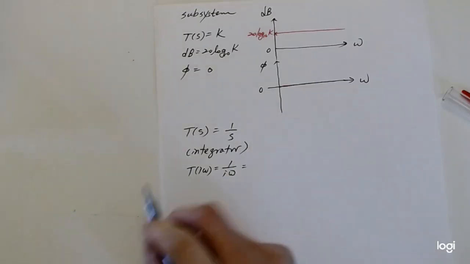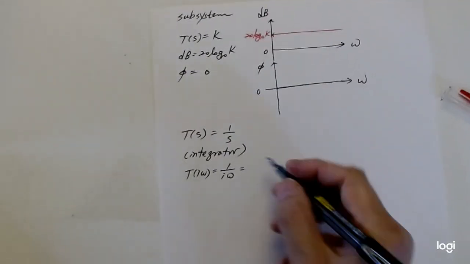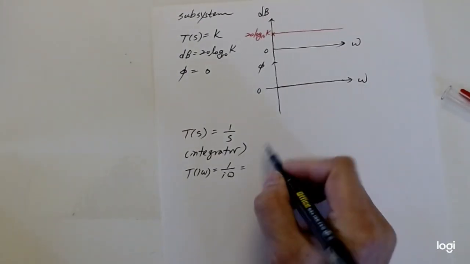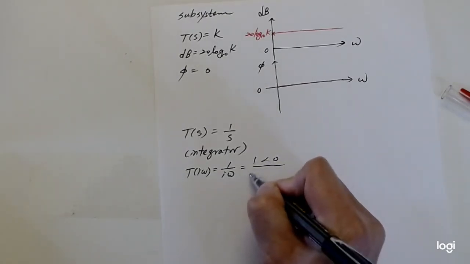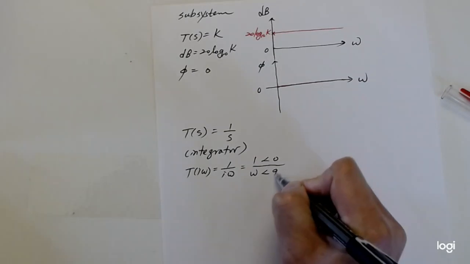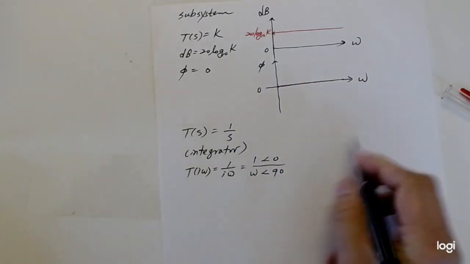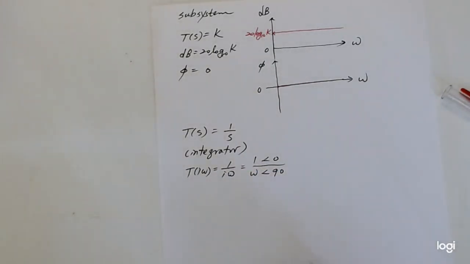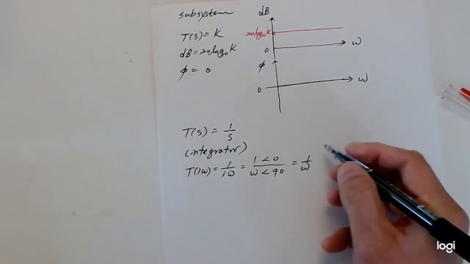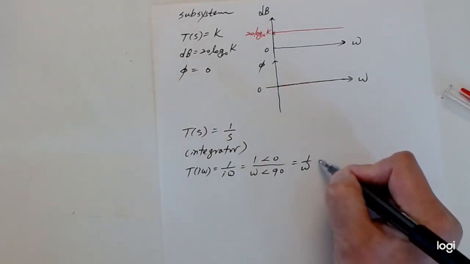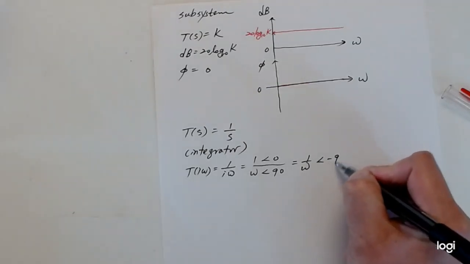So let's put it in magnitude and phase: 1 over omega, and phase angle wise minus 90.